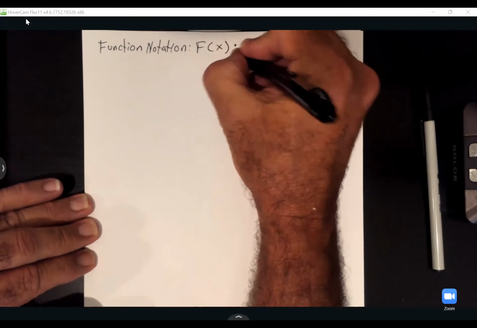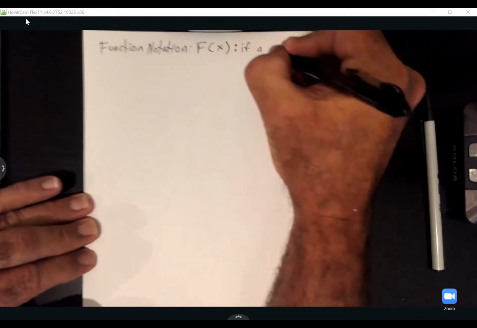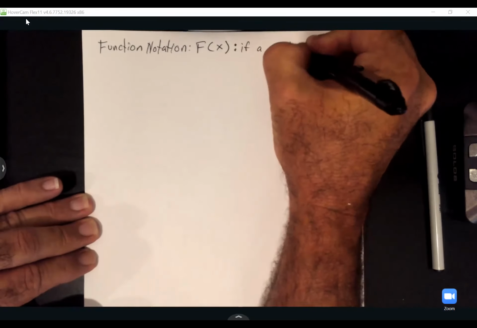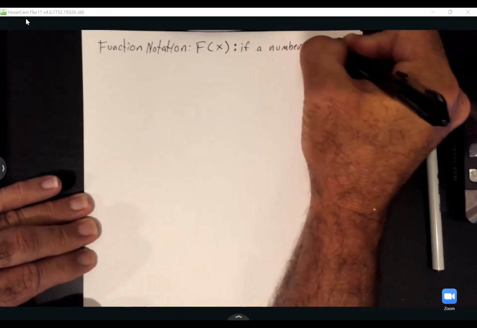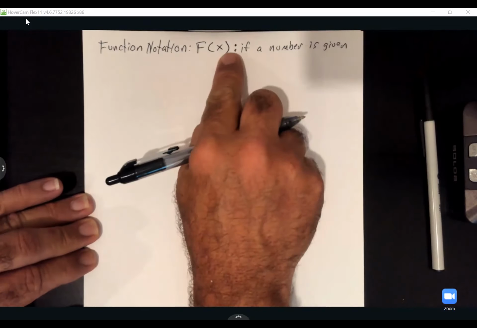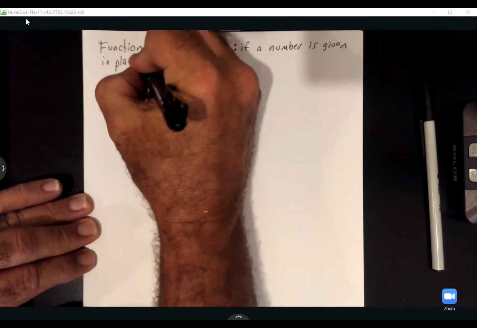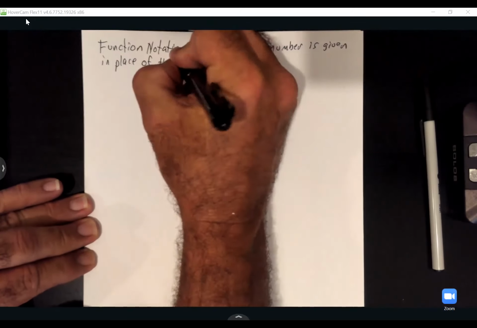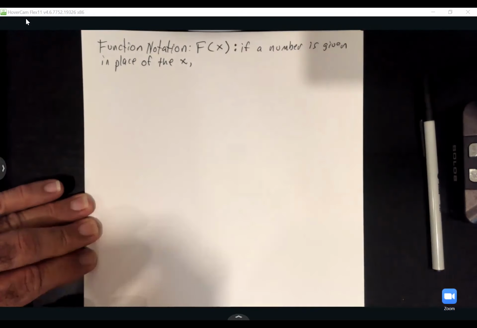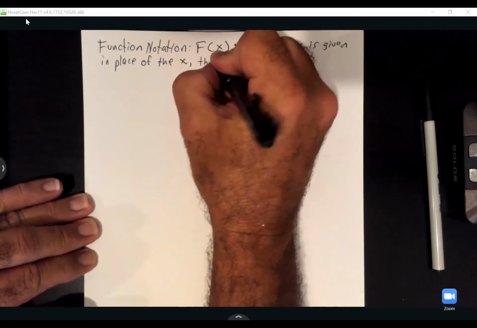So the thing about this, if a number is given in place of the x, then we plug that number into the equation.